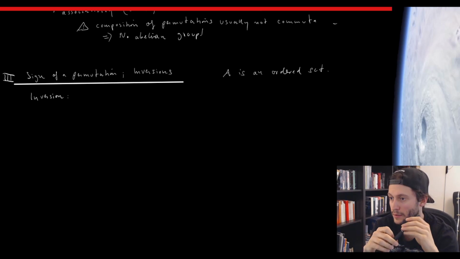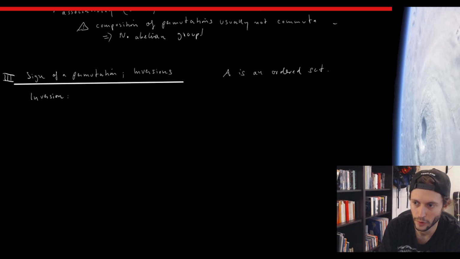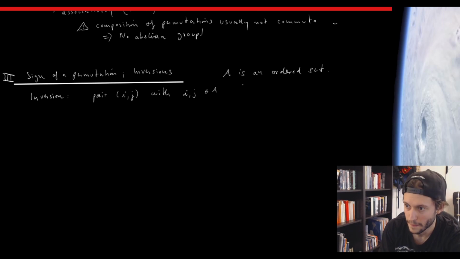An example which is not ordered are complex numbers. So let's assume we have one of those. Then we can say an inversion is the following. Let's have a pair i and j, both living in A, of course. And we say i smaller j. So here we have the ordering, what is bigger, what is smaller.